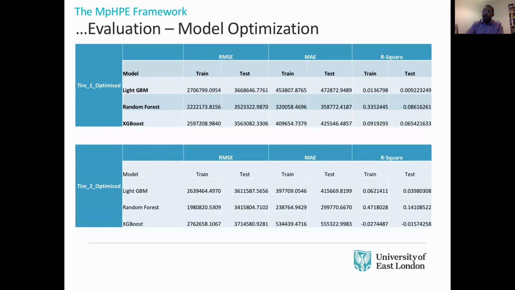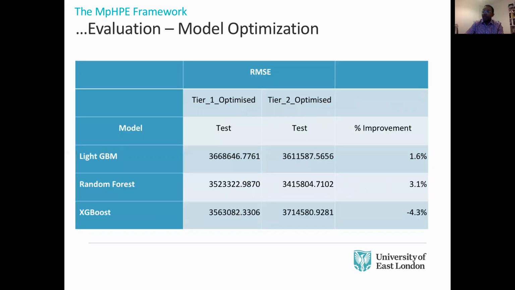Then up to optimization, you would notice the similar trend, a reduction in the value of the RMSE score, which shows improvement in the accuracy. And the comparison also shows a further improvement for random forest. And with that, we are able to make the conclusion that random forest performs better based on the introduction of additional parameters into the model.